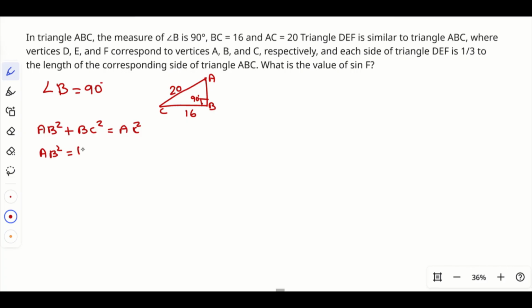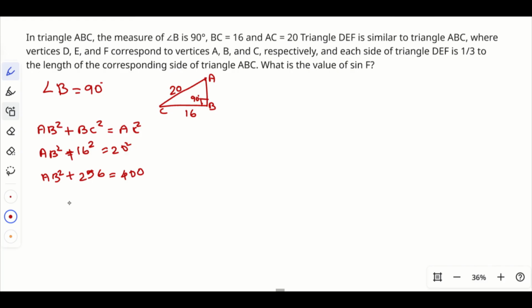AB square plus 16 square is equal to 20 square. 16 square will be 256, and 20 square will be 400, right?